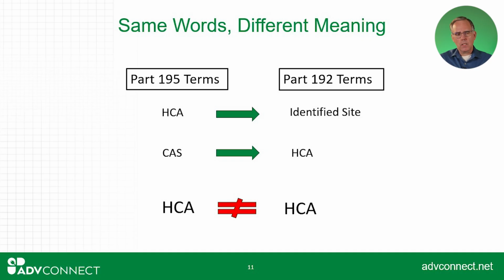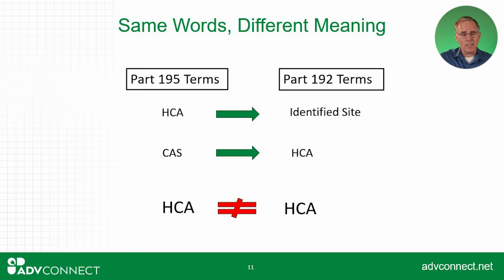When we think about Part 195 and Part 192, sometimes PHMSA uses the same terms, but they mean something different. In the liquid rule, 195, when they talk about an HCA, high consequence area, that's really more synonymous in the gas code with an identified site.